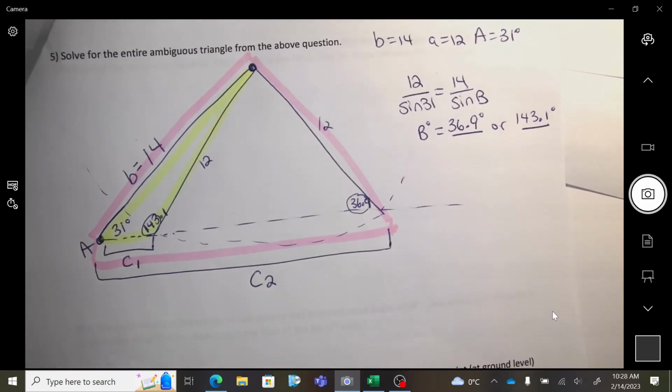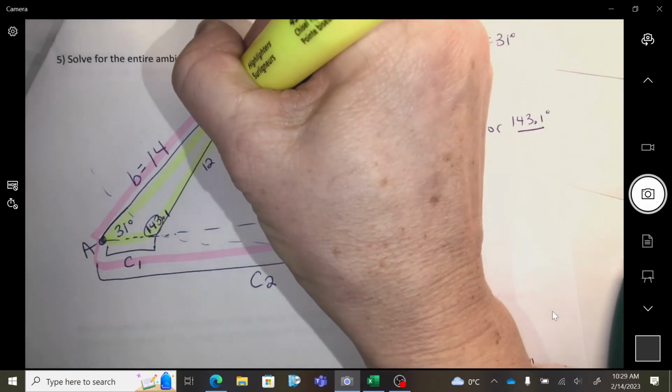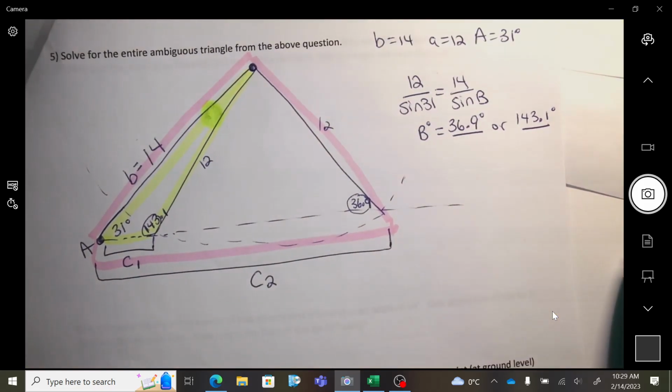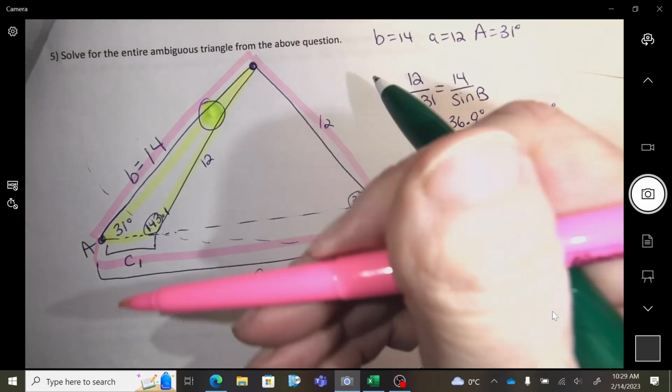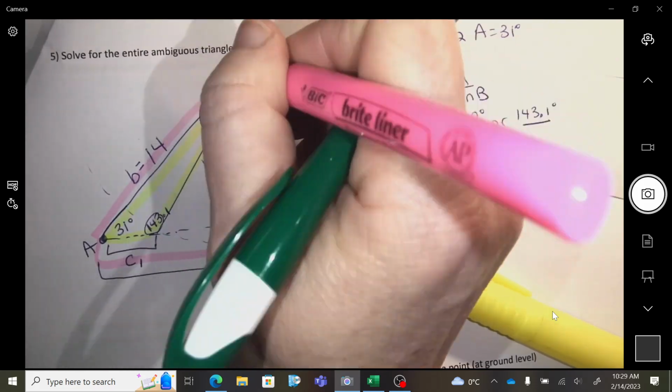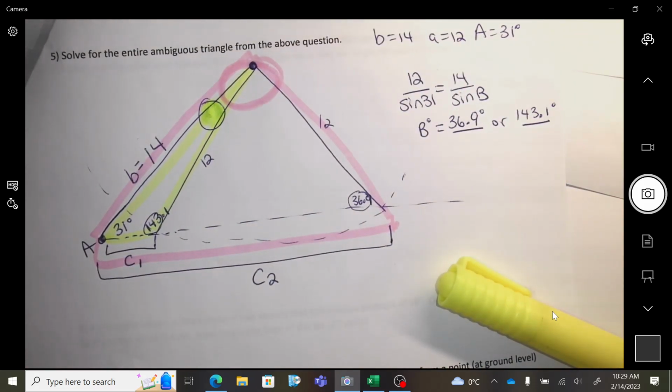Okay, ready? We're going to get the top angle. So I need a yellow third angle, and I will need a pink top angle. You see them separated?